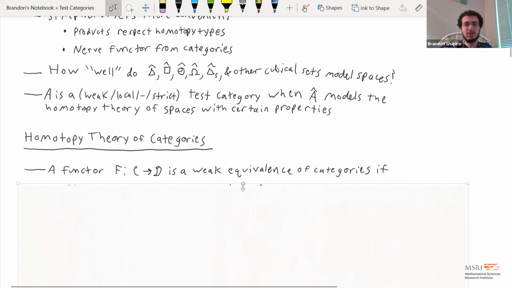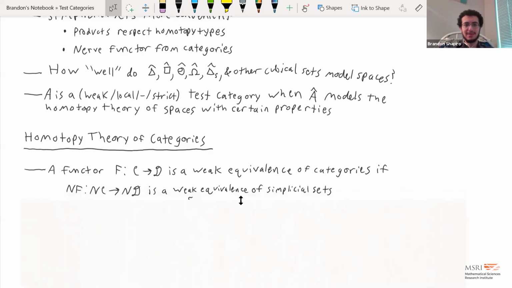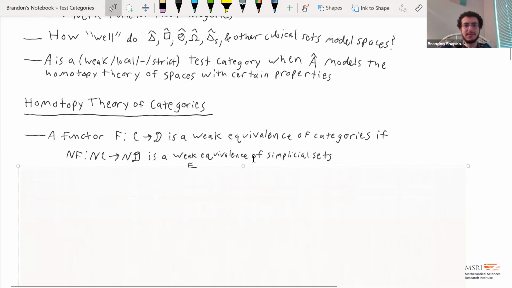So instead, we'll just work in Cat and say that if the nerve of a functor f, from the nerve of C to the nerve of D, is a weak equivalence of simplicial sets, then we will say that the functor f is a weak equivalence of categories.